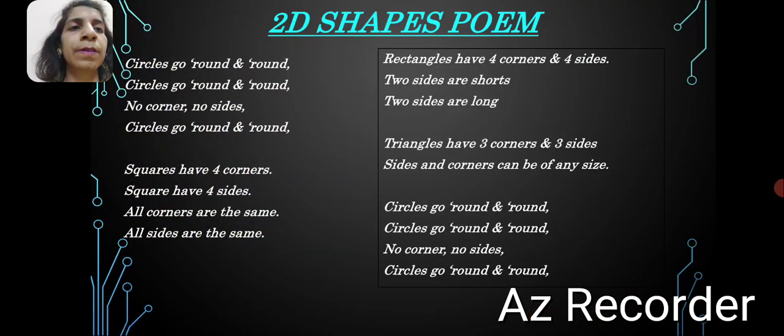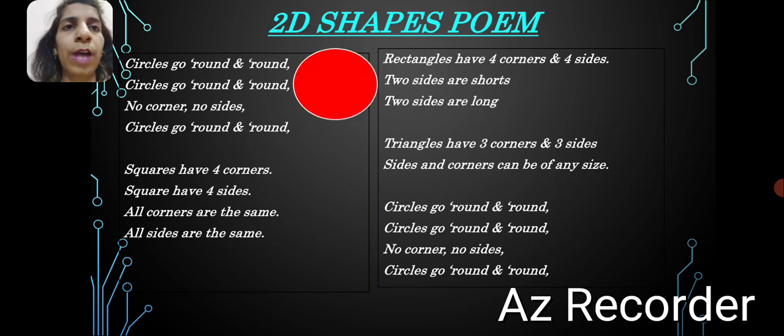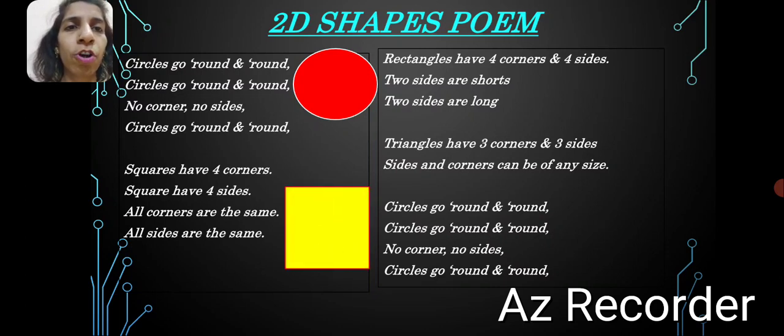Circles go round and round, circles go round and round, no corners, no sides, circles go round and round. Squares have four corners, squares have four sides, all corners are same, all sides are same.